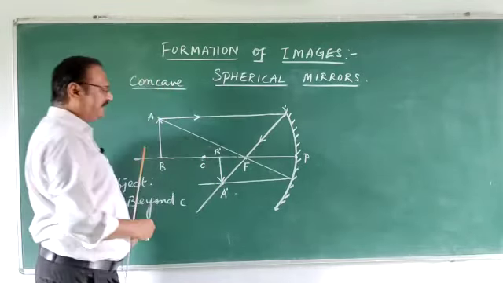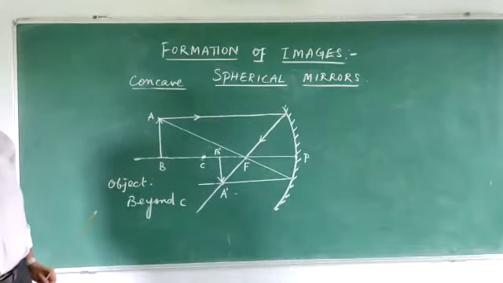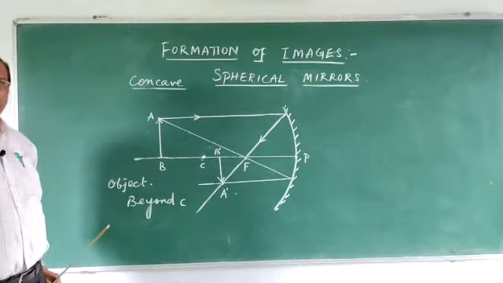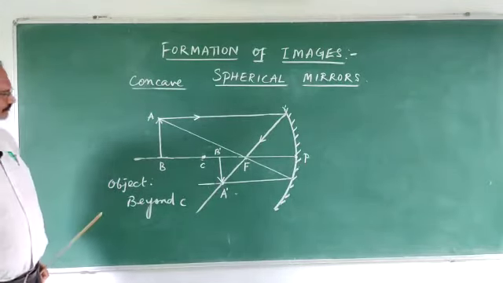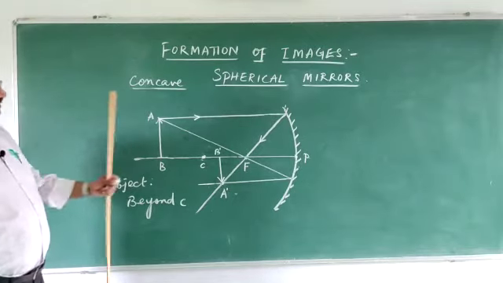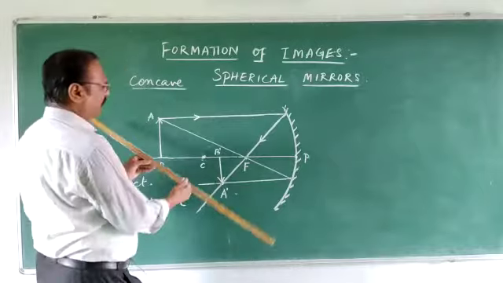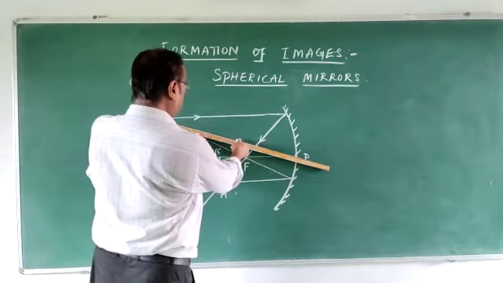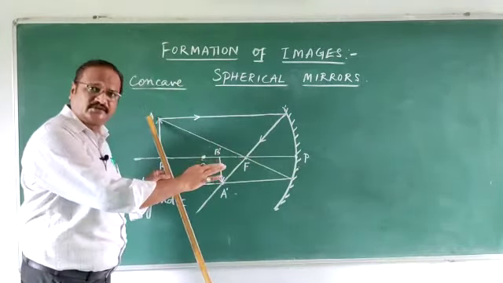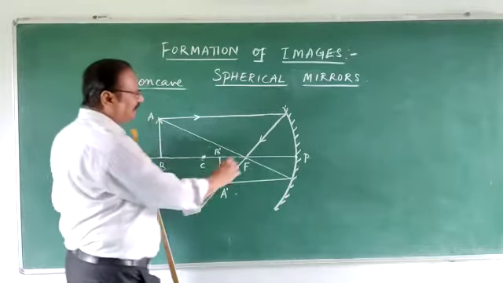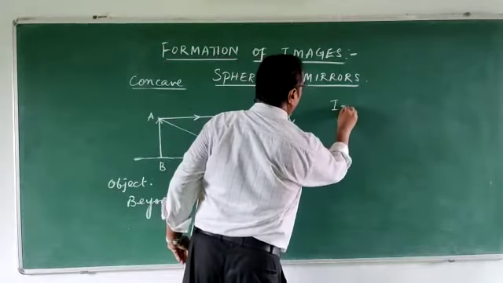A dash, B dash is the image being formed. Okay. Now, let us study about the image. If you want to know about one more ray, the third ray, two rays are enough. With two rays, I can find out about the image.